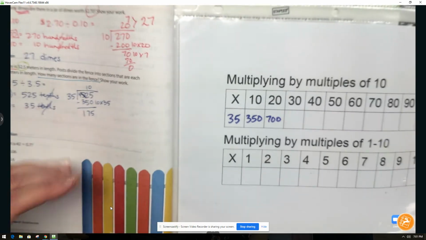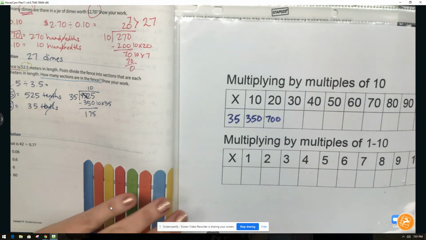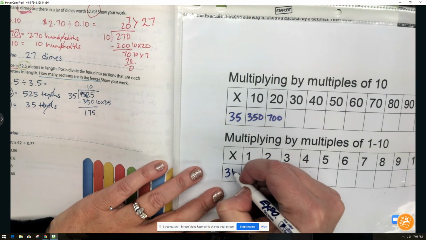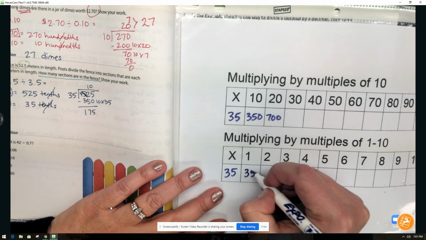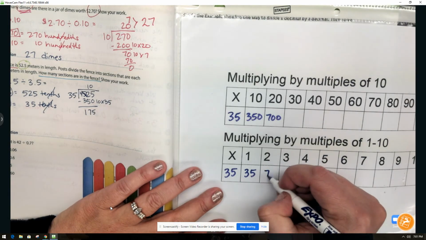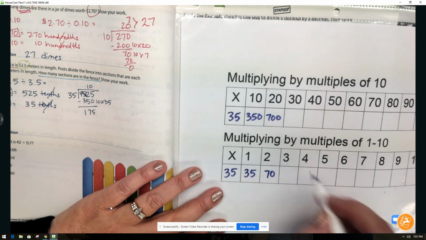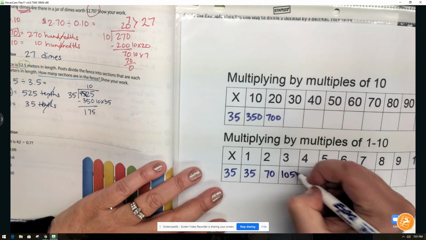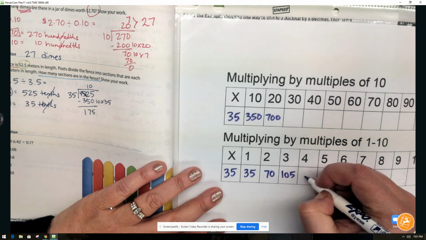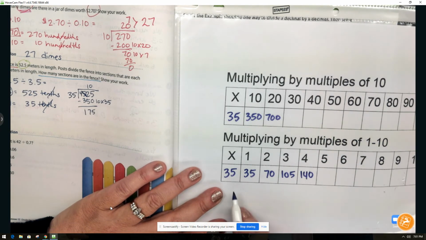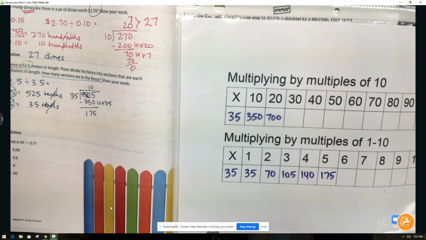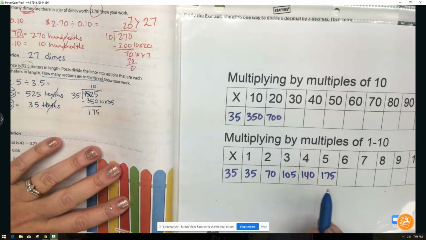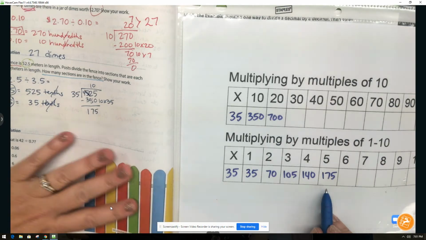Now we're going to see how many times 35 goes into 175 without going over. 35 times 1 is 35. 35 times 2 is 70. 35 times 3 is 105. 35 times 4 is 140. 35 times 5 is 175. I can hear it. Stop, Mrs. McGuire, we're there. 35 times 5 equals 175.